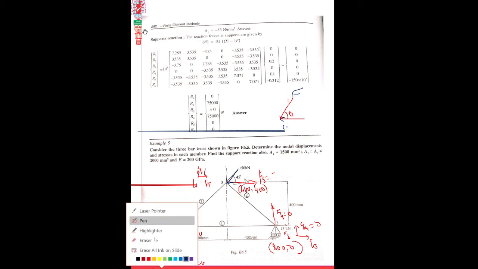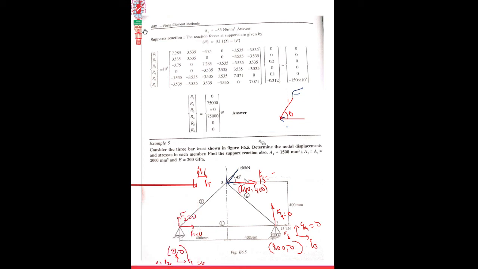Minus 150 kilonewton. Correct, because you get the direction opposite to the x direction. Therefore this is minus 150 kilonewton.